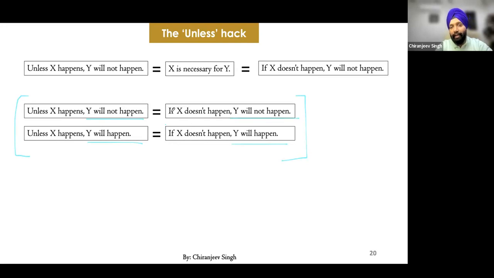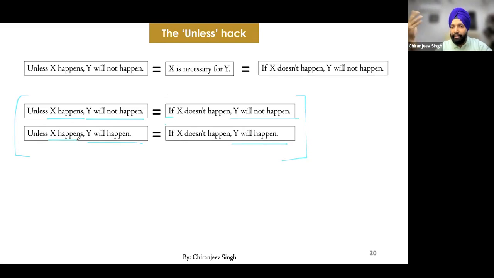To transform it into an if statement, the only thing that changes is this part, which becomes the exact opposite. So unless X happens becomes X doesn't happen, and everything else remains the same, and you have an if.